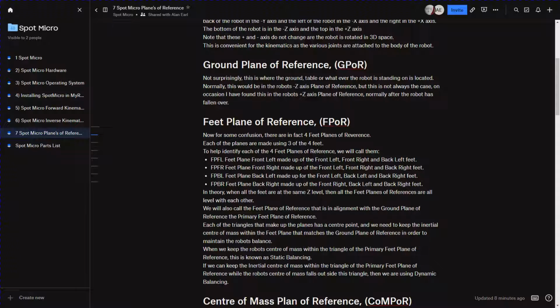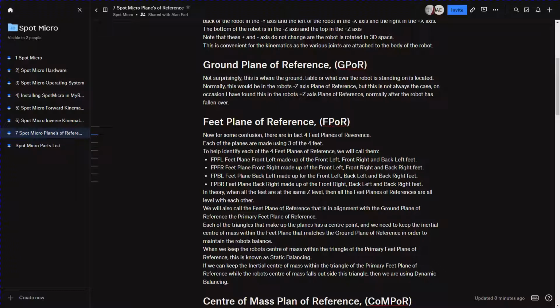And within this documentation, I've actually listed the 4 planes of reference, and I've specified one of the feet in the middle. So if you look at, say, the front left foot plane of reference, it consists of the front left, the front right, and the back left feet.